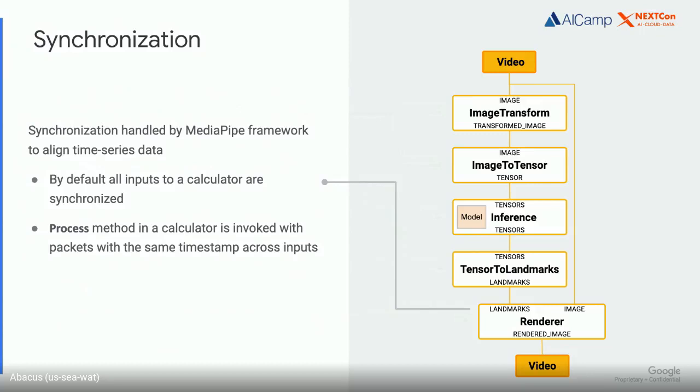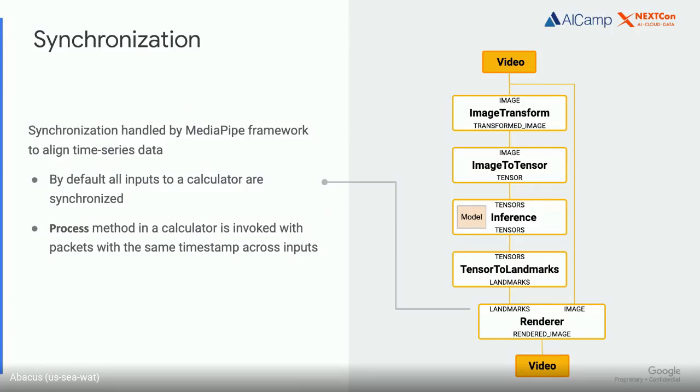So one basic characteristic of the way that MediaPipe executes the calculators is that the data is collated according to timestamp. So every packet is labeled with a timestamp. In the case of a video, the timestamps are typically the presentation timestamps of the video frames.